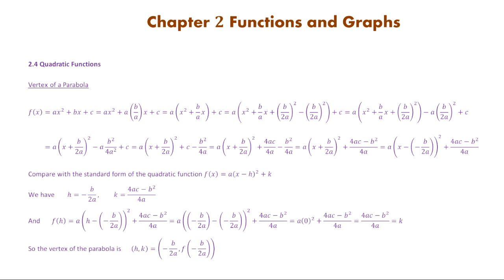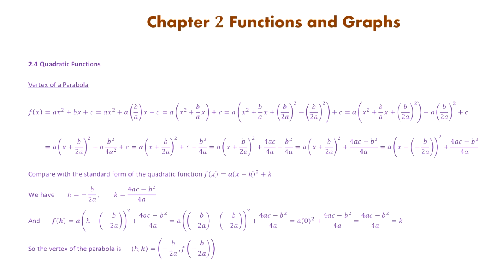If you switch c and negative b squared over 4a. All right, and then you can try to combine the two terms, c and negative b squared over 4a, by using the common denominator of 4a.